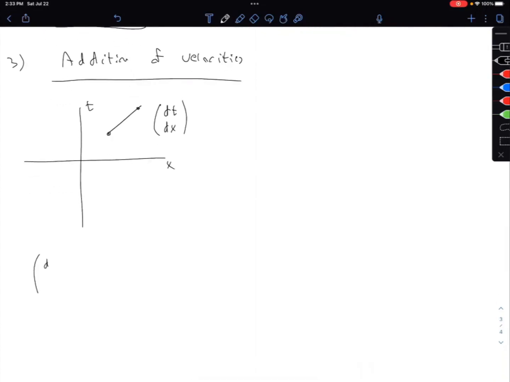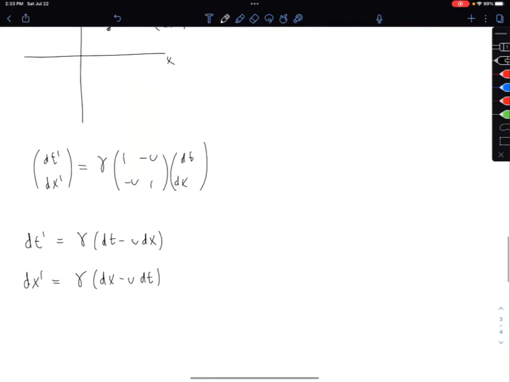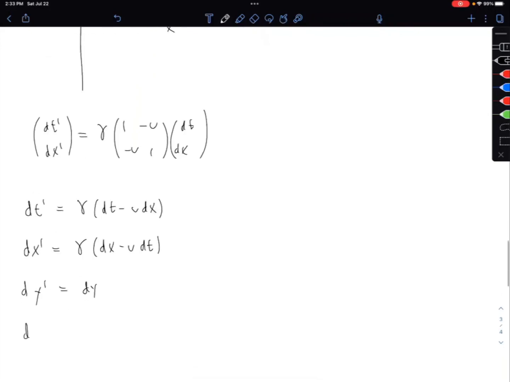So dt prime, dx prime is going to be gamma times 1 minus v, 1 times dt, dx. If I push all that through, I'll see that dt prime is gamma times dt minus v dx. dx prime is going to be gamma times dx minus v dt. And dy prime is dy, and dz prime is dz.